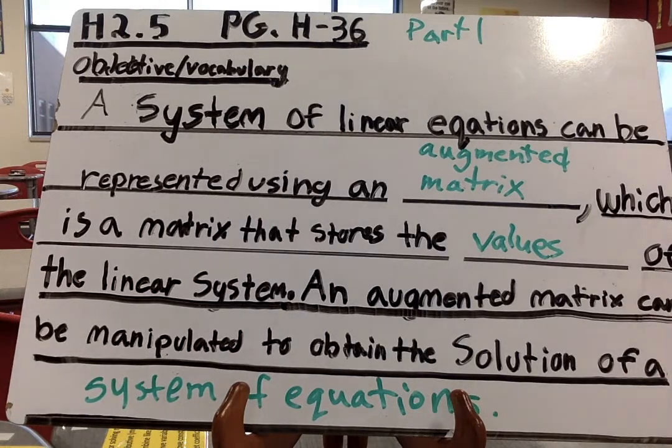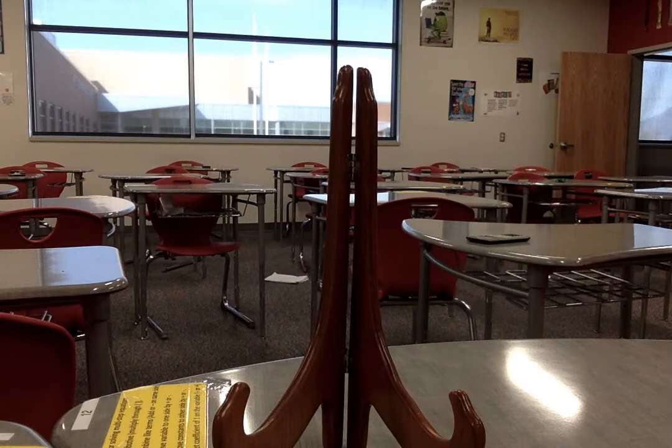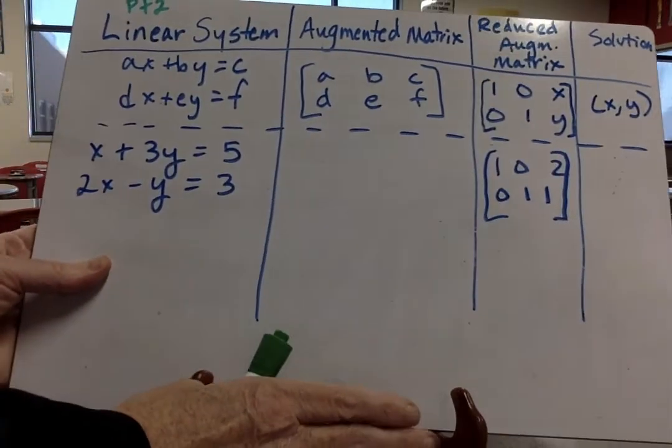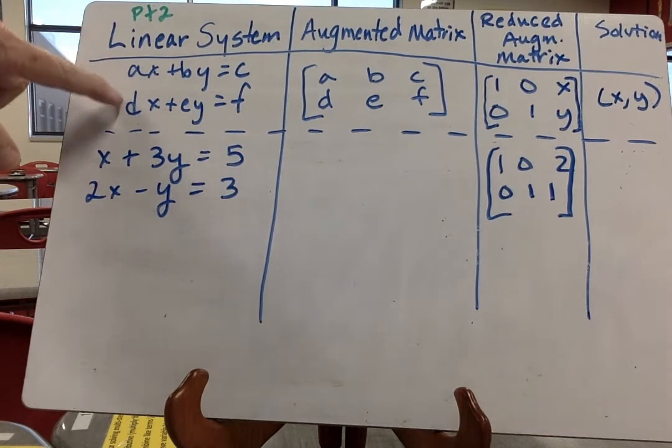Next, we're going to go on to part 2 and let you know what an augmented matrix is, and I'll show an example of that. So we have our linear system, ax plus by equals c, and dx plus ey equals f. Our augmented matrix is just using the coefficients of each of these.